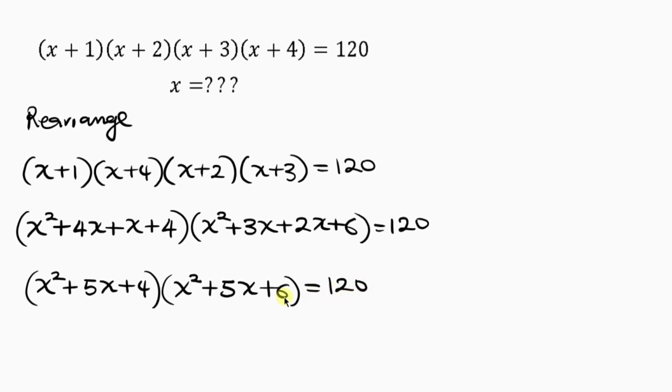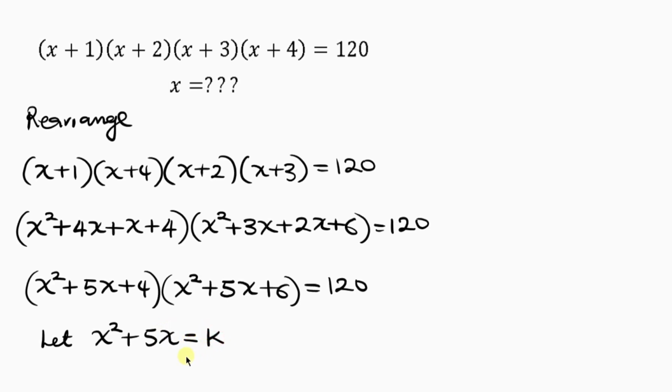Now notice that x squared plus 5x is common in this bracket and this other bracket. So I can just say let x squared plus 5x be equal to, I can use any other value, let's say k.